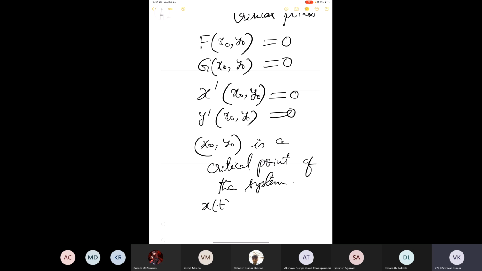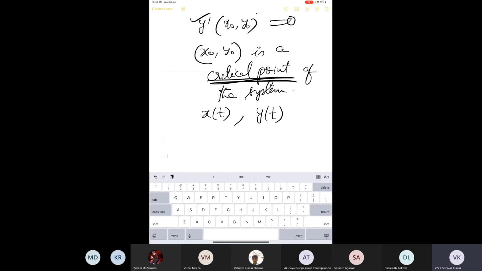Actually, x(t) and y(t) are the actual functions. So the points where f is 0 and g is 0, that means x' is 0 and y' is 0, are called critical points.